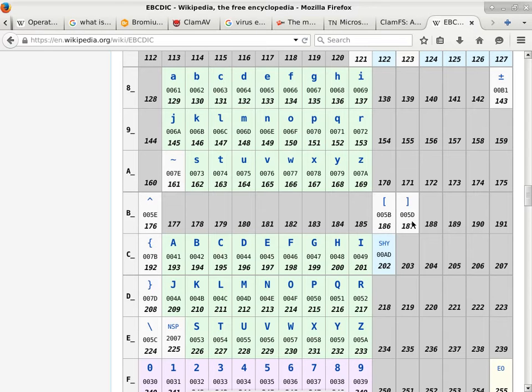J is on the next row, but when you look at the actual representation, I is 8... I cannot count. 1, 2, 3, 4, 5, 6, 7, 8, 9. So 89 in hexadecimal is representing lowercase i, but J is represented by what?